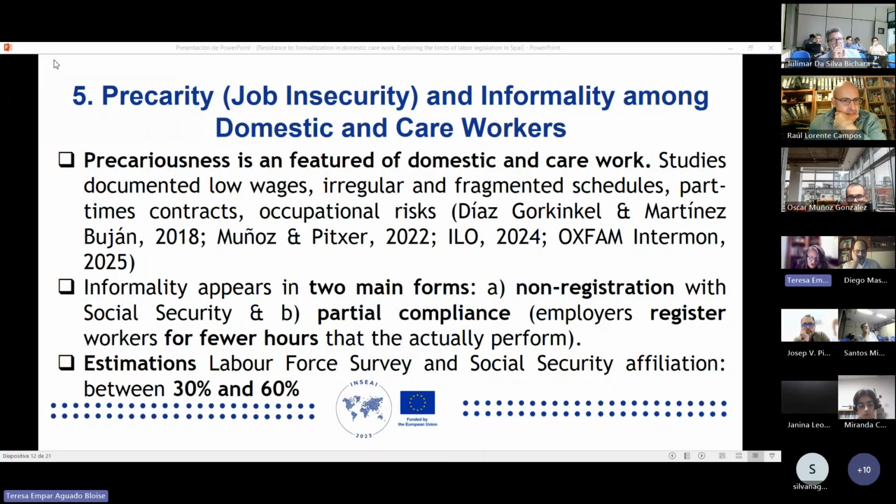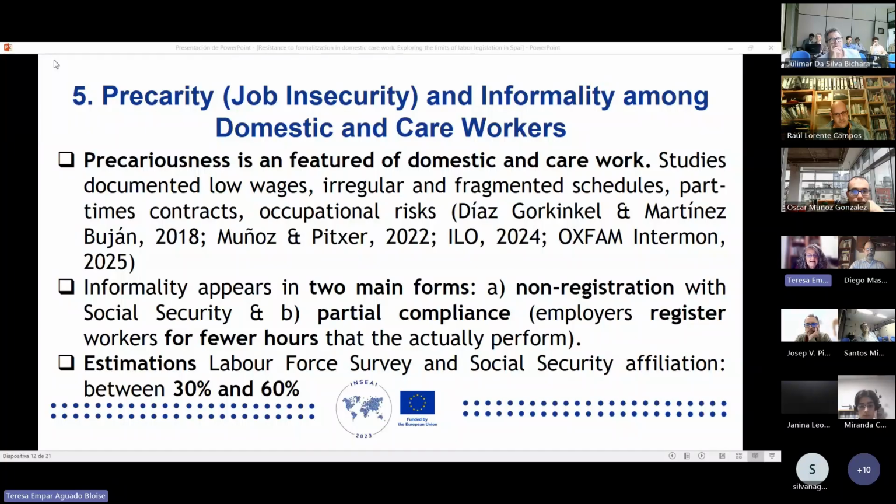First, complete non-registration with Social Security, and second, partial registration, where workers are registered for fewer hours than they actually work. Estimates show that between 30 and 60% of workers remain informal. These patterns reveal that legal reforms alone cannot transform a sector whose structural determinants of vulnerability remain intact.